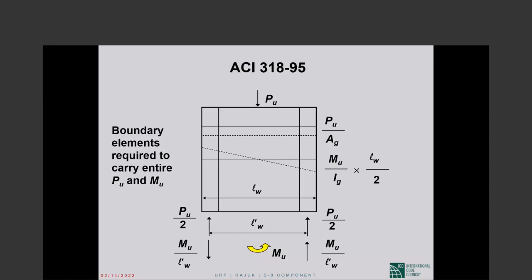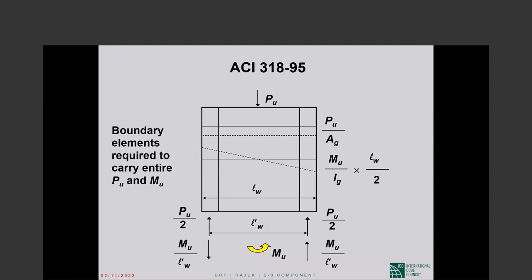I don't know how many people have already designed by BNBC 2020. So what I am showing you out of ACI 318-95 is probably the way all of you have designed shear walls so far. That design procedure has or had major flaws and problems.